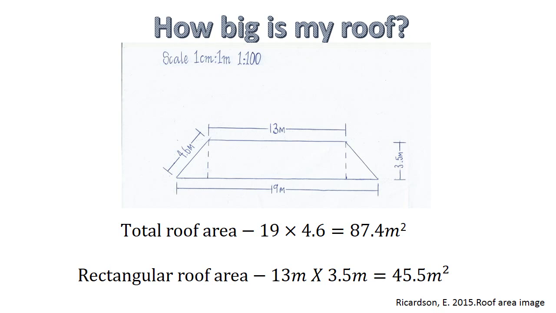Unfortunately, because of the roof's trapezoid shape, you cannot fit solar panels all over, so you must calculate the rectangular area of my roof. As we can see, the rectangular area of my roof is 13 metres in length and 3.5 metres wide. When we work out the area of this roof, we can see 13 metres by 3.5 metres equals 45.5 metres squared.